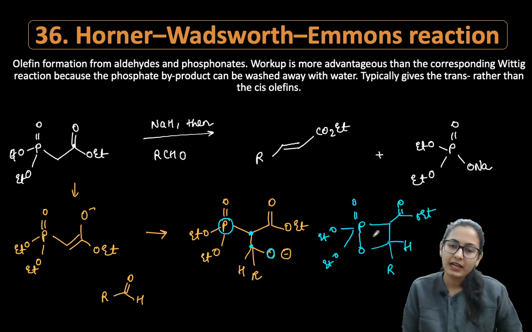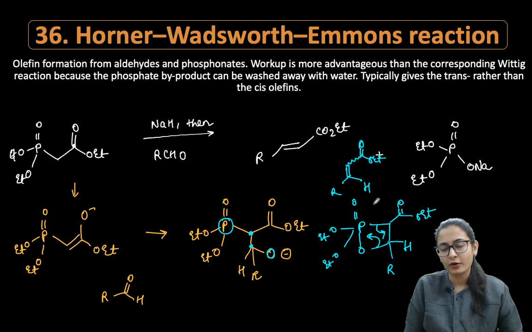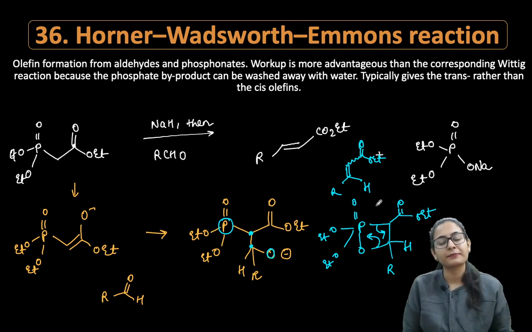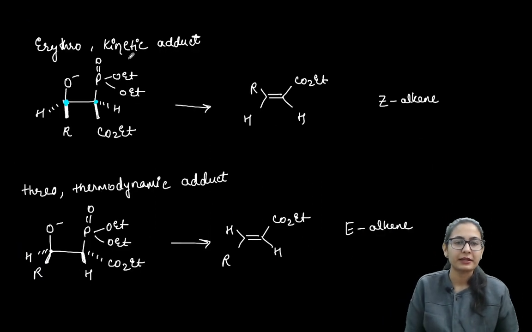Yes, and after that by the elimination of the phosphonate ester group, we get our olefin like this. Now, but what is the stereochemistry of this formed product? For that we have to see some intermediates. Okay, so this is your Horner-Wadsworth-Emmons reaction, and let's see what is happening.